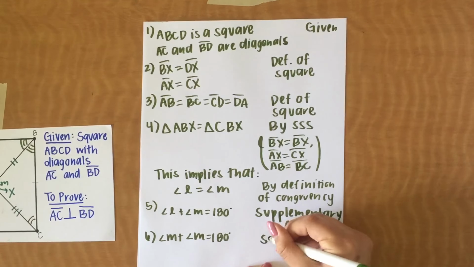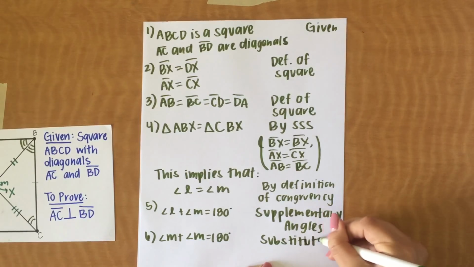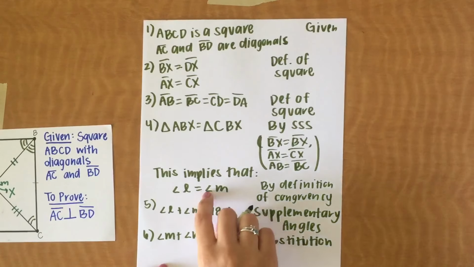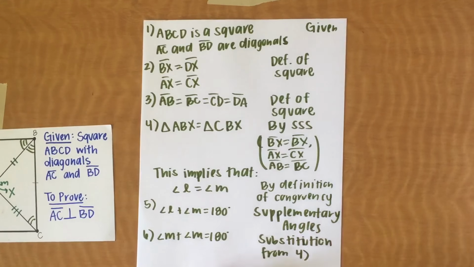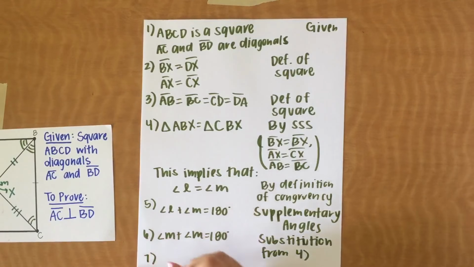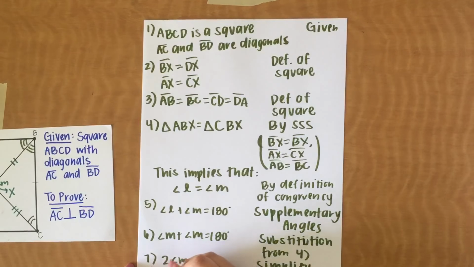This is substitution from 4. Then we can simplify: 2 angle M is 180 degrees. That's just simplifying. So 8, angle M is equal to 90 degrees. And that's just simplifying as well.